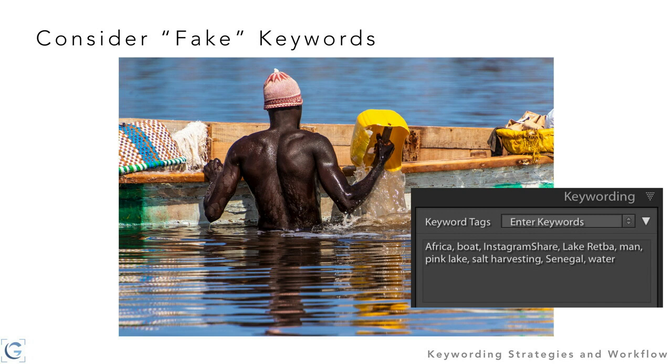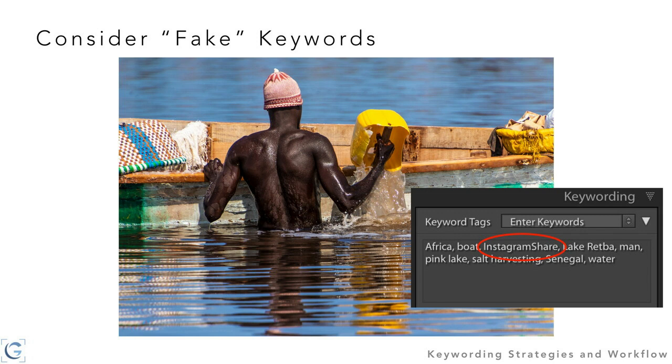But I also might add to some images keywords for a totally different purpose. And so for me, for example, I use keywords, these fake keywords as I refer to them, as a way to identify which photos have been used in a particular project. So looking at the keywords for this image, you can see that Instagram share, all one word, is added as a keyword.